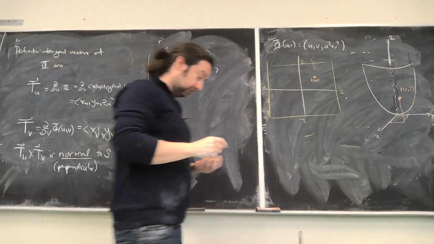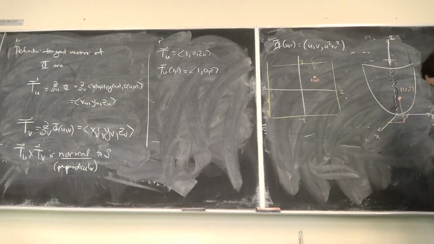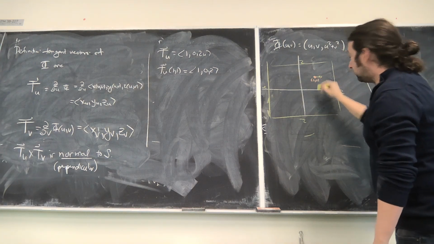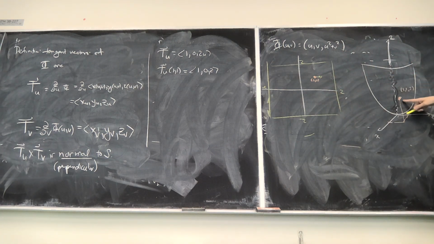What that says is that a little bit of change in the u direction over here corresponds to, let's see, what's the change in this direction? 1 means you come out this way. All right, from this point, you go out 1, and then nothing in the y direction, and up 2. So it's sort of coming up like this.